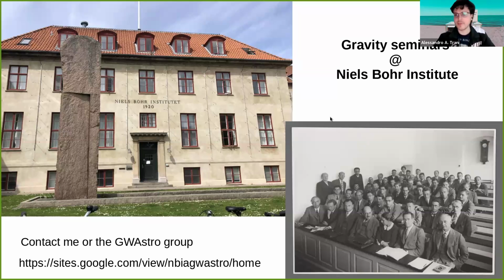One last advertisement is that I recently came in charge of the Gravity Seminars at the Niels Bohr Institute. So we are very interested in works on gravitational waves. If you happen to be in Europe and you want to extend your visit, you can contact me or some other person of the GW Astro group, and we can take care of accommodation and flights. Okay, I finished now.